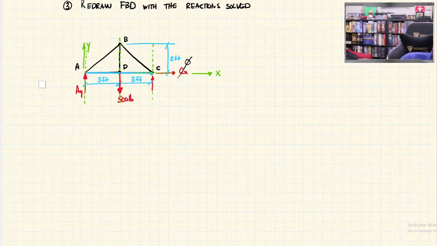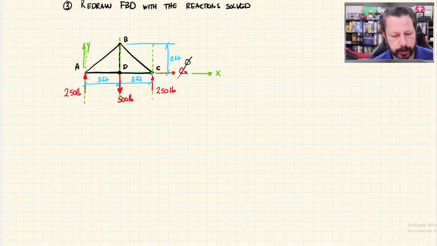So instead of CY, I've got 250 pounds. CX is 0, so that's fine. Instead of AY, I've got 250 pounds. I've got the 500 pounds on there, that's fine. And then let's just cover those blue lines up. Okay, so here's our new free body diagram.